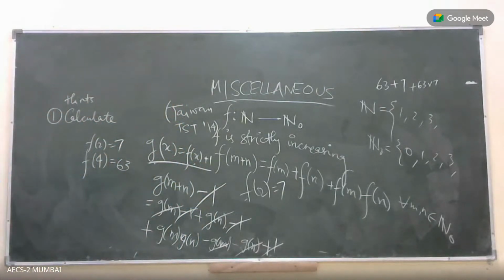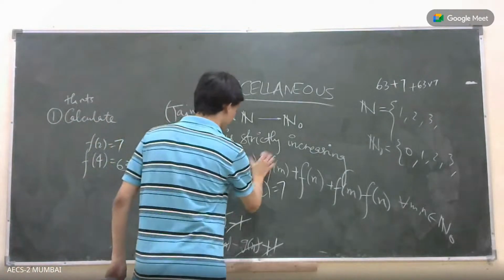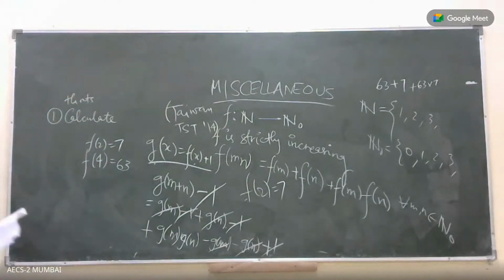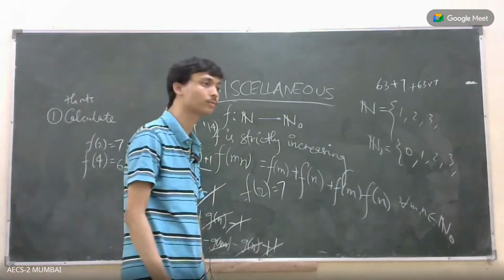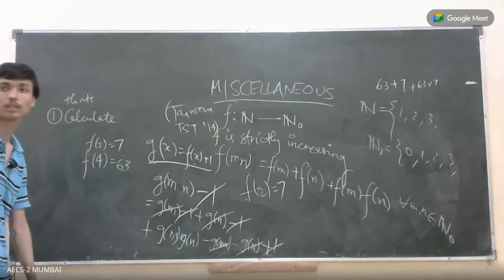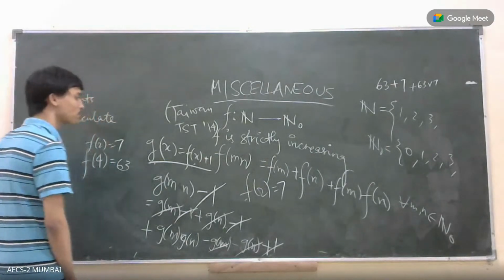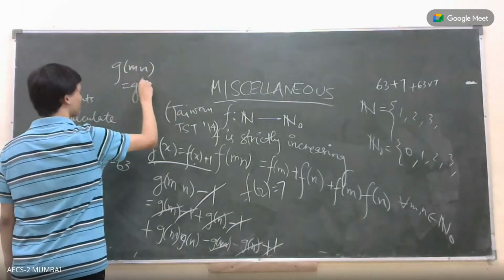Wait. I miswrote the equation. Sorry. So you get g of mn equals g of m into g of n.